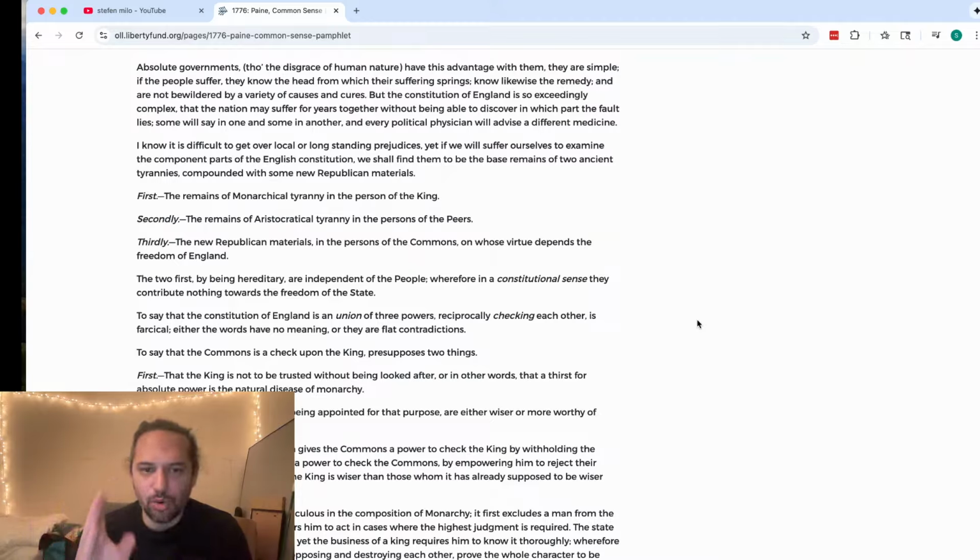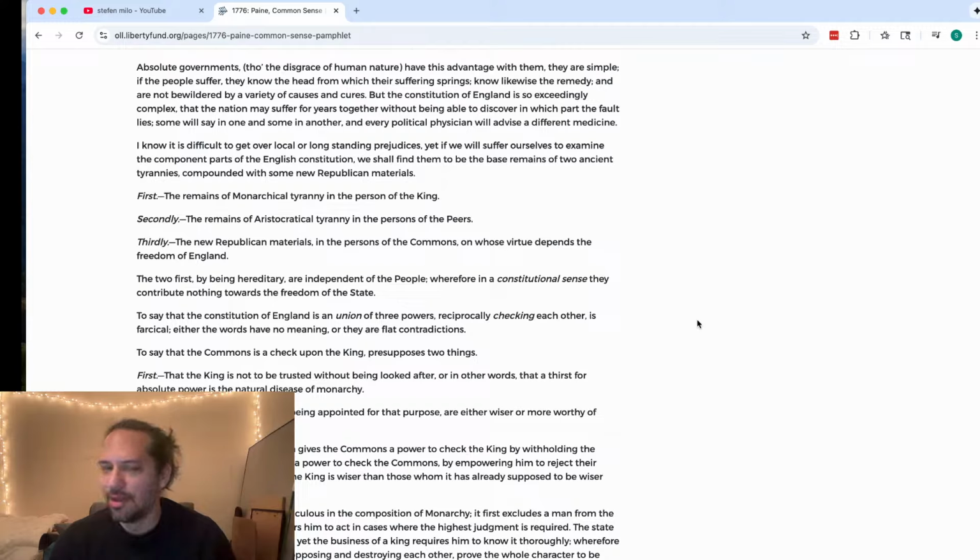To say that the Commons is a check upon the king presupposes two things. First, that the king is not to be trusted without being looked after, or in other words, that a thirst for absolute power is the natural disease of monarchy. And secondly, that the Commons, by being appointed for that purpose, are either wiser or more worthy of confidence than the crown.